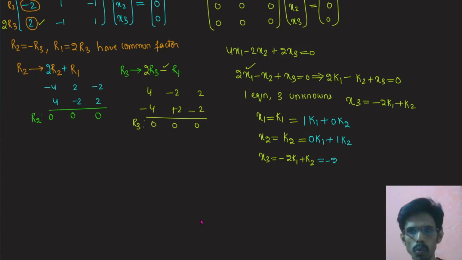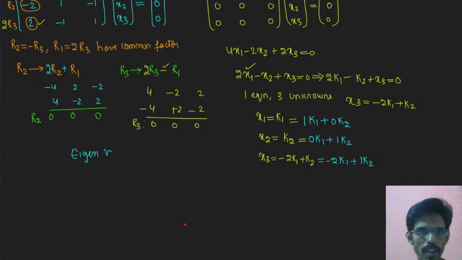This is minus 2 k1 plus 1 k2. Right. Now let us write down the vector, eigenvector capital X is equal to x1, x2, x3.